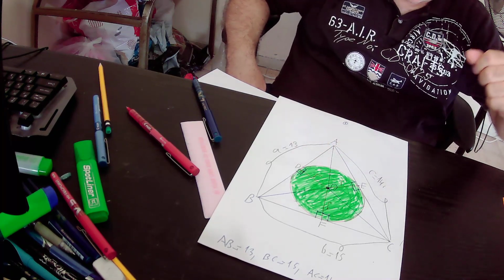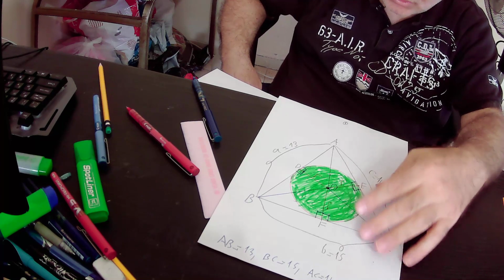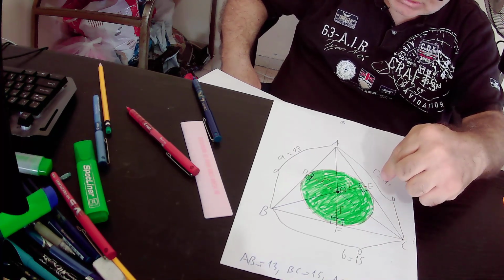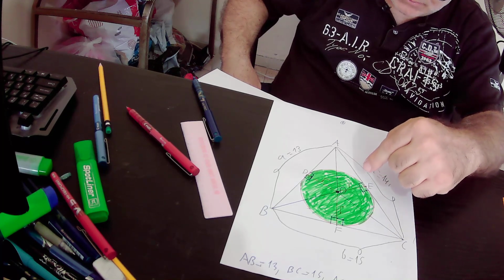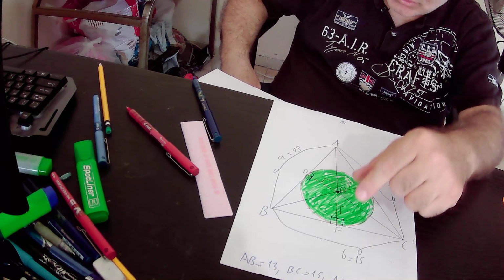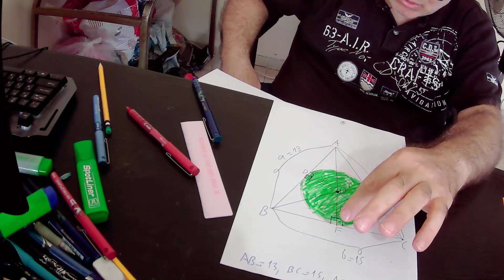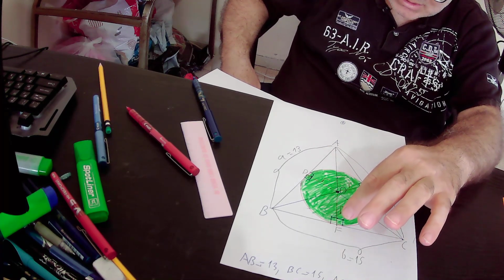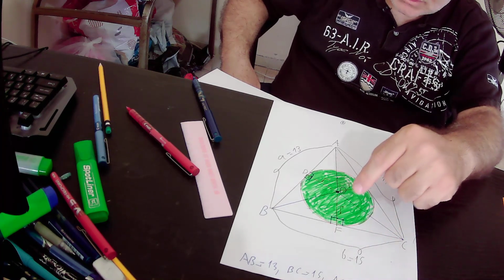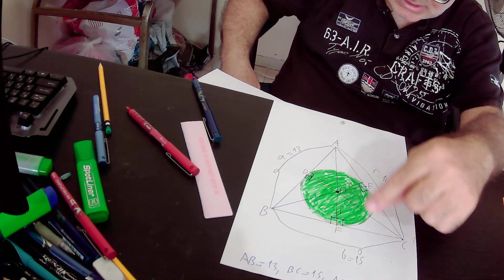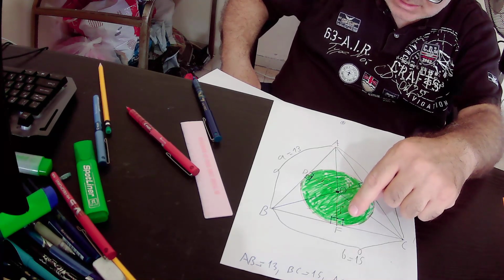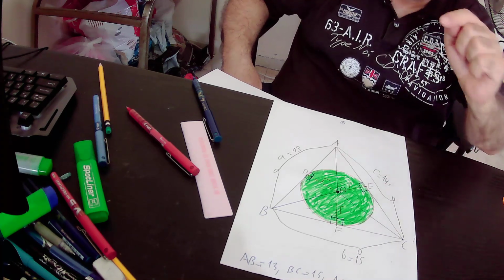This radius is drawn to point E, therefore this is a right angle, and this is also a right angle. And this radius touches point F, so it is perpendicular to its tangent BC; this angle is a right angle and this is also a right angle.